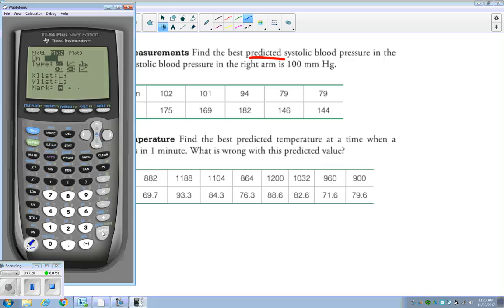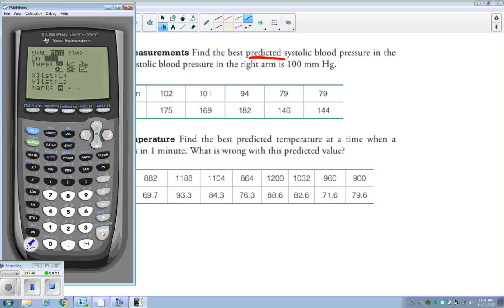Okay? So 2 is off, and it says 1's on. Everybody okay? Okay.